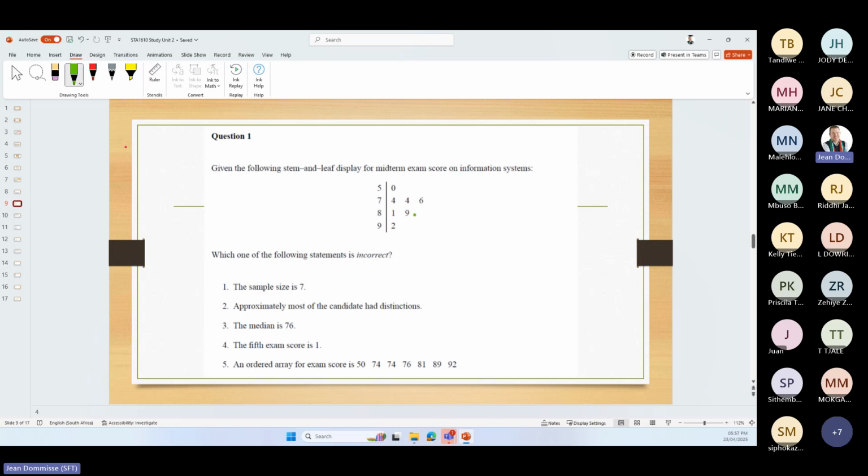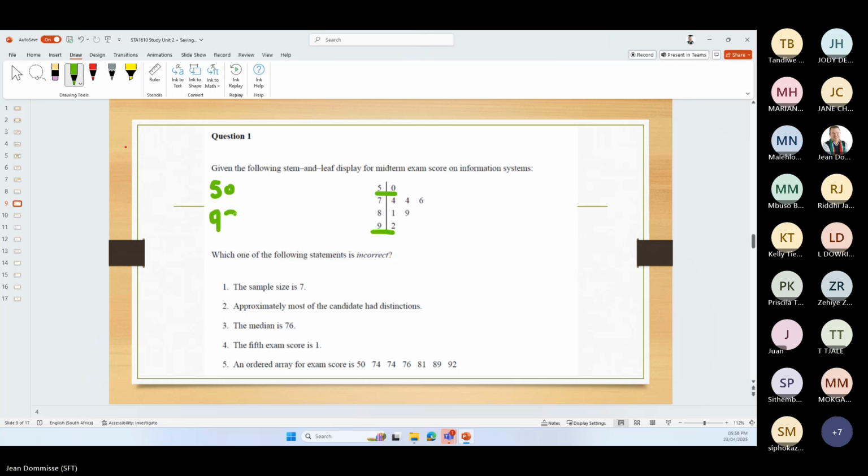So before we go into what they ask, things that we will be able to identify in study unit 3 is what's the minimum value. So the minimum value is 50. The maximum value is 92.